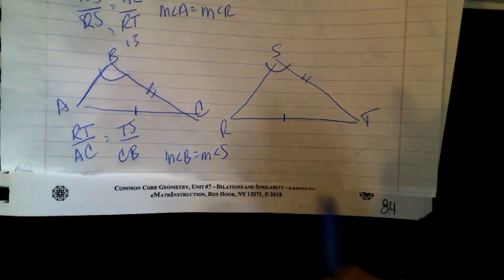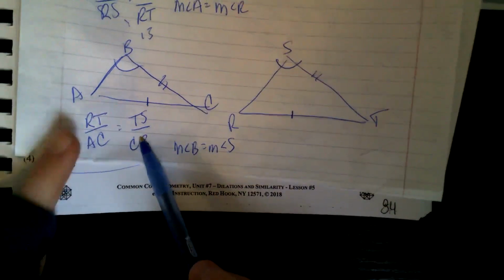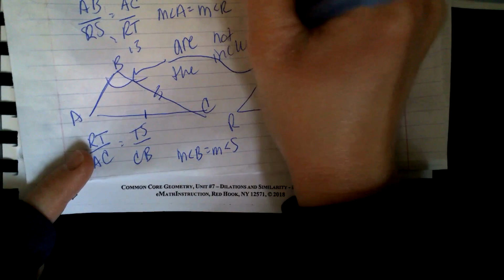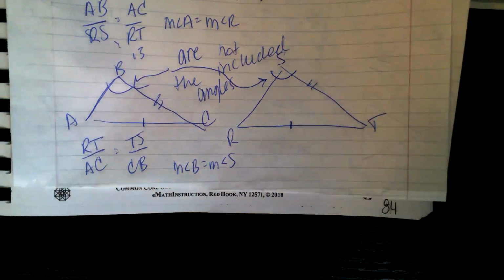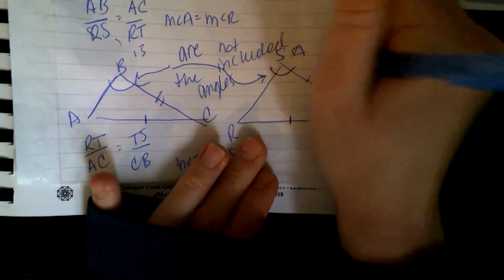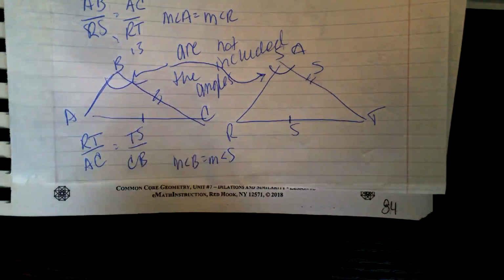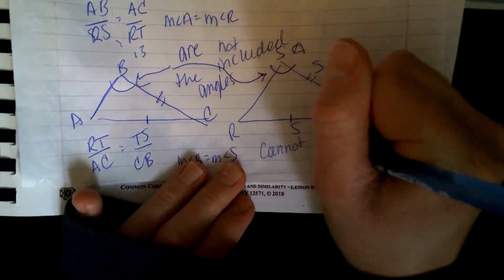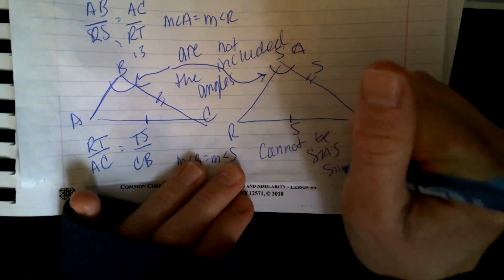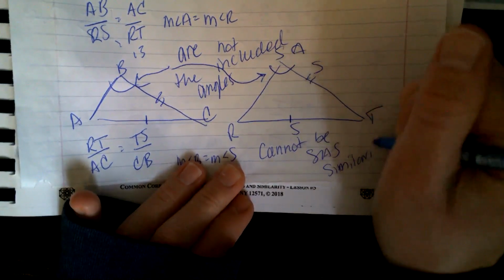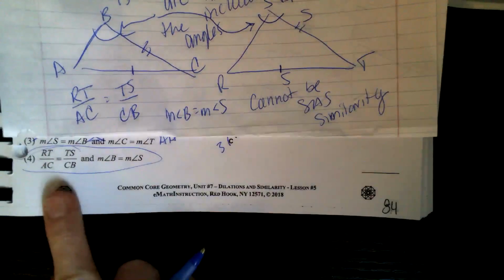Now, yes, those are proportional and this proportion is set up right. But do you see how angle B and angle S are not the included angle? So since they are not the included angle, this cannot be side angle side similarity. So that's why choice 4 is our answer, because this does not work with what we have.